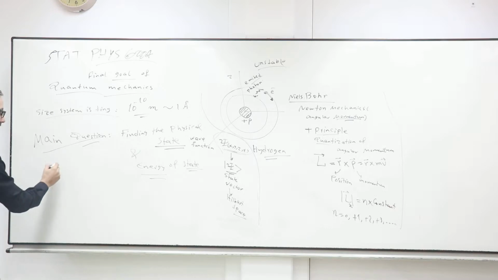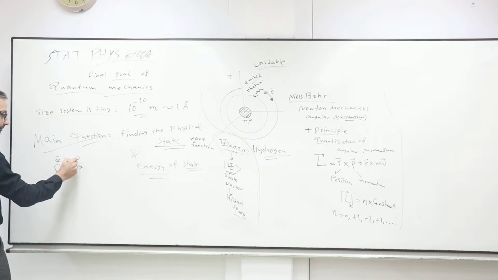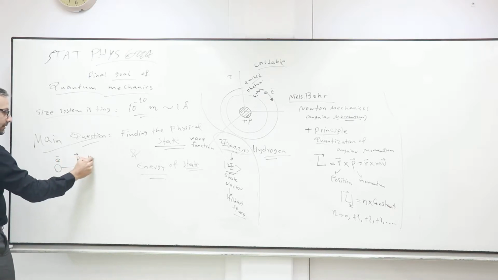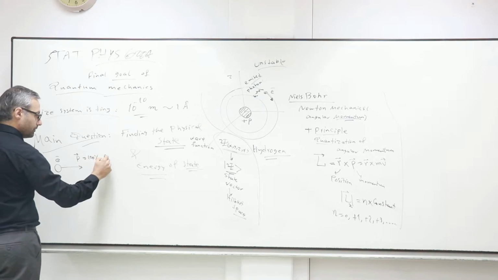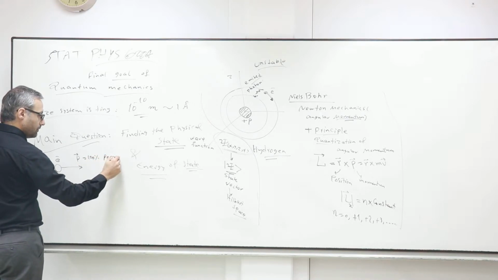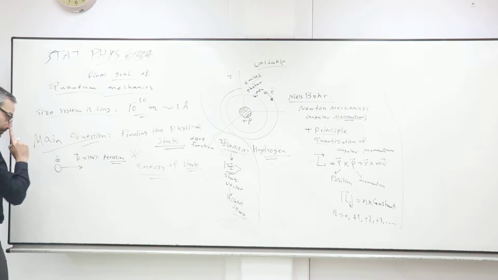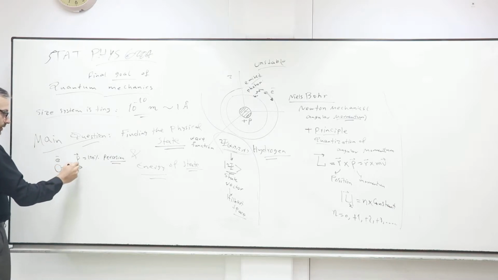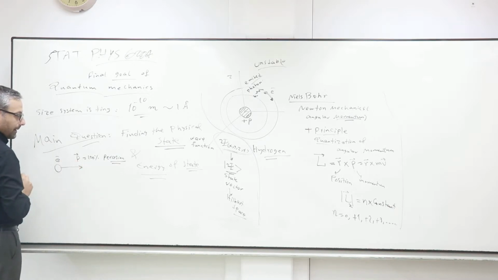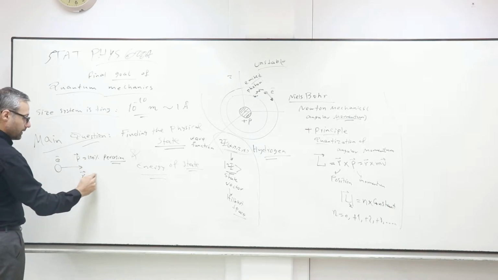If you try to look at the electron moving here and find its momentum, P, with 100% precision, you lose all the information about the position. So X will remain undetermined.